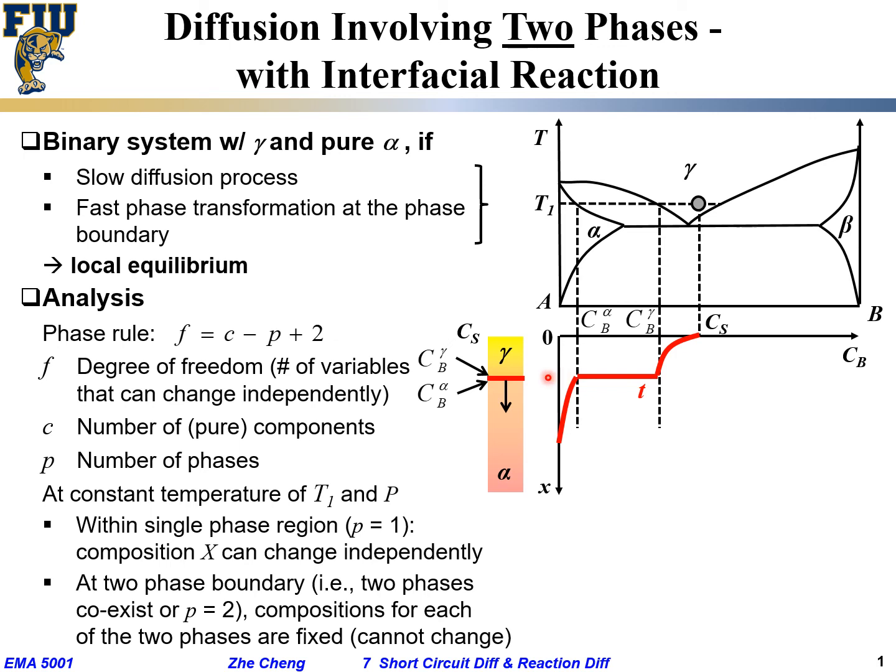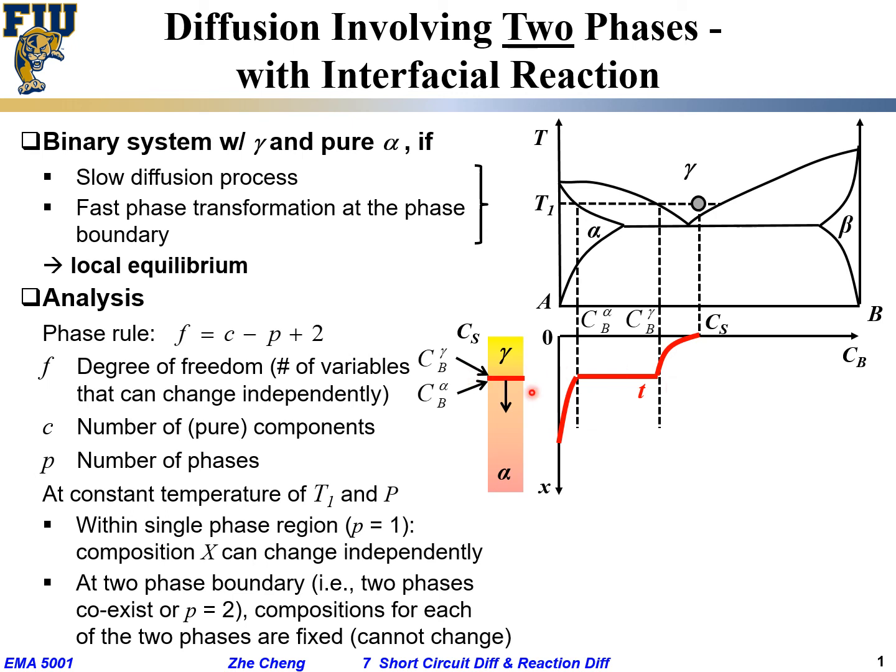From alpha to gamma, I'm changing in terms of distance by a very short distance, which means mathematically it's kind of a jump. Make sense? And then the other side of the interface, I'm at which phase?